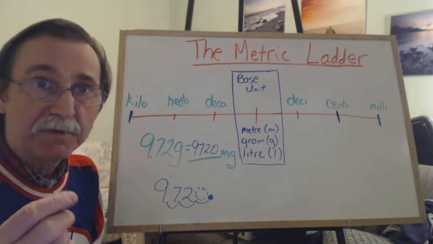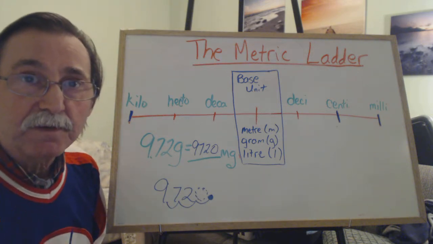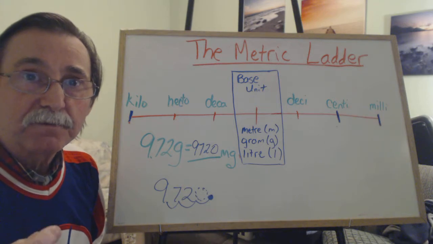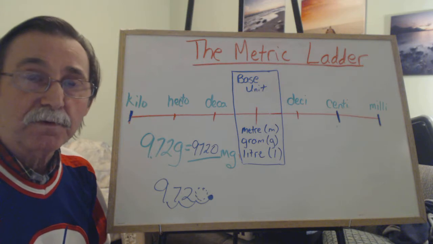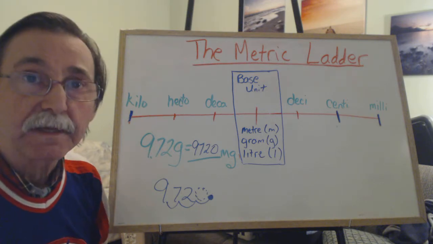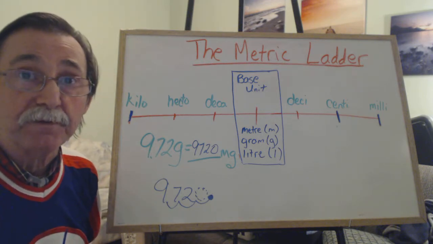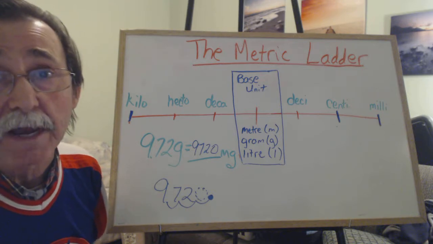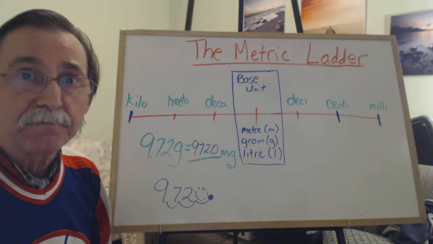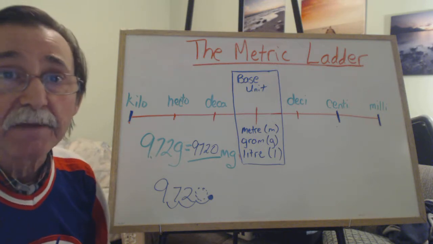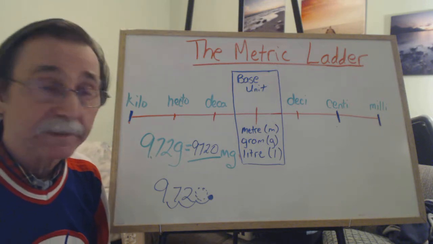A milligram is a unit we use to measure the size of pills, that sort of thing. Like an aspirin or a Tylenol might be 325 milligrams, or you might be on some sort of medication that's 10 milligrams or something like that.